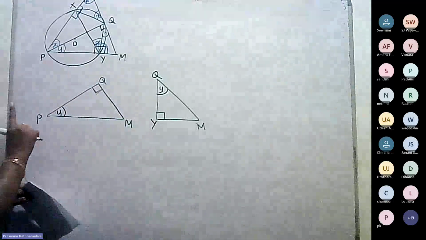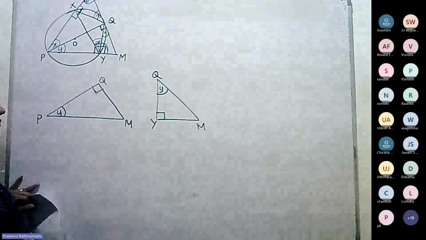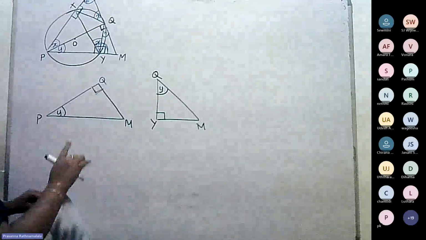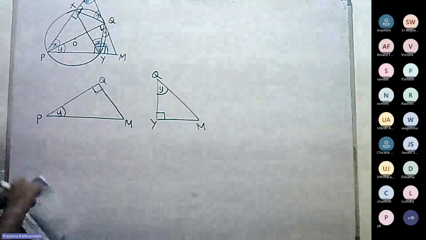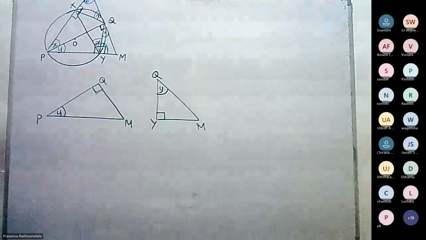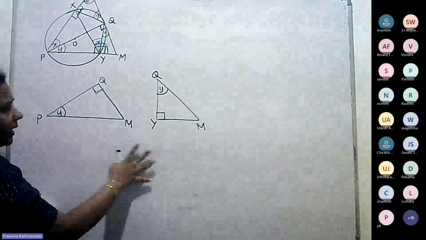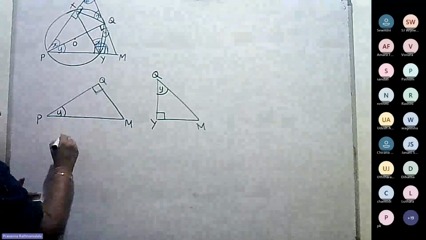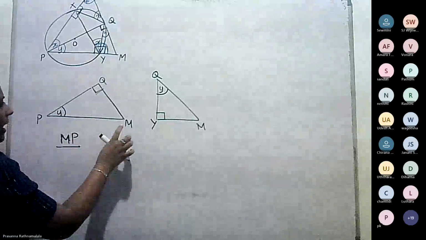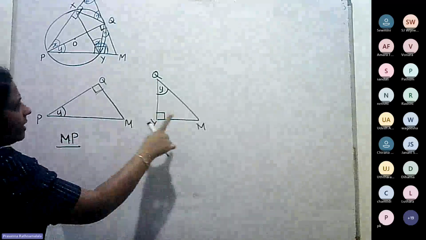When these two triangles are equiangular, the sides of them are proportional. Take the terms: MP and MY. Now write it down. MP upon MP... What is the corresponding side of MP?